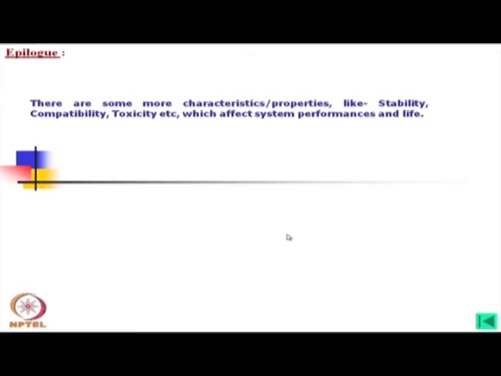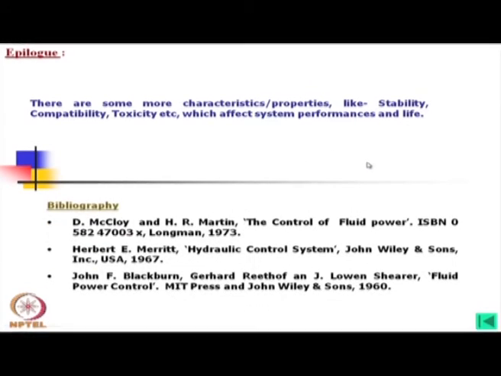Now, in epilogue I would like to say there are some more characteristic properties like stability, which I have not discussed, compatibility, which we have not discussed separately, toxicity etc., which affect system performance and life. And while you are making calculations for dynamic analysis or any analysis, sometimes we need to consider all such things. However, for details you can follow these 3 books.